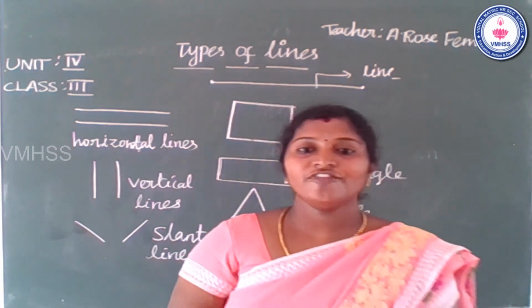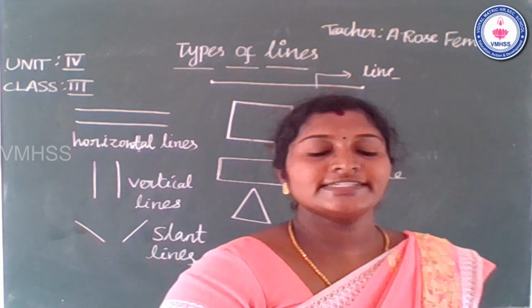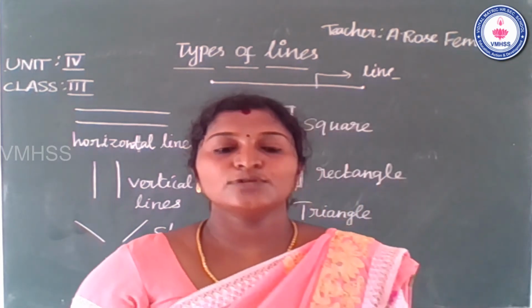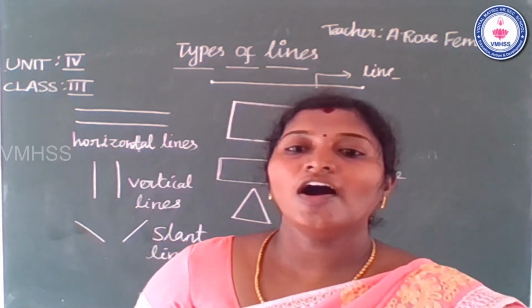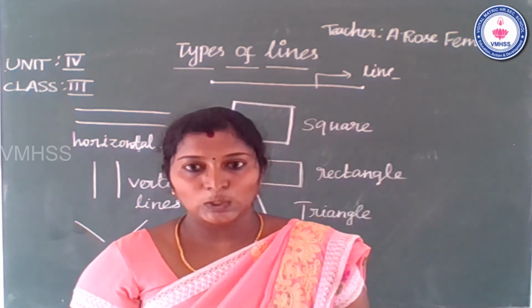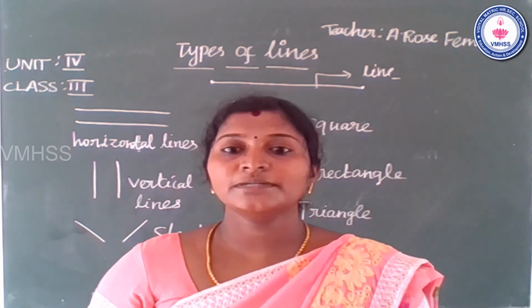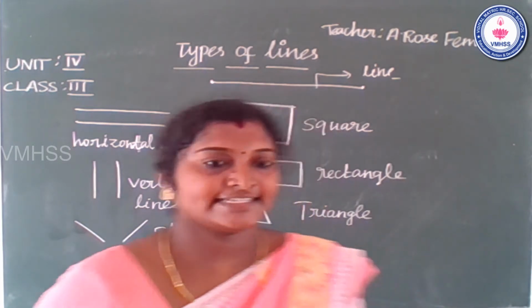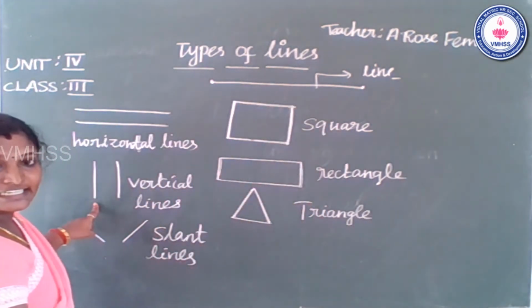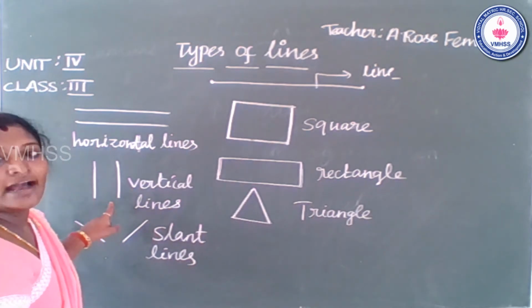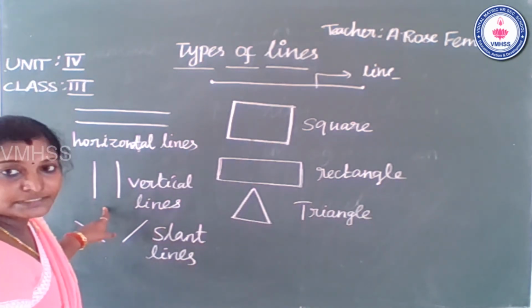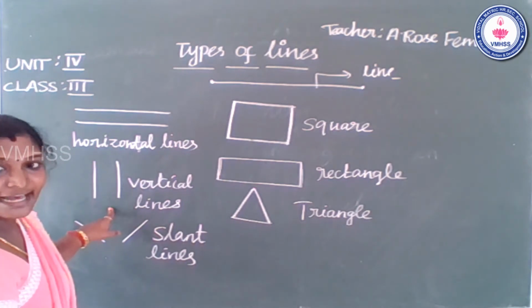Types of lines. Vertical lines are straight up and down and perpendicular to horizontal lines.